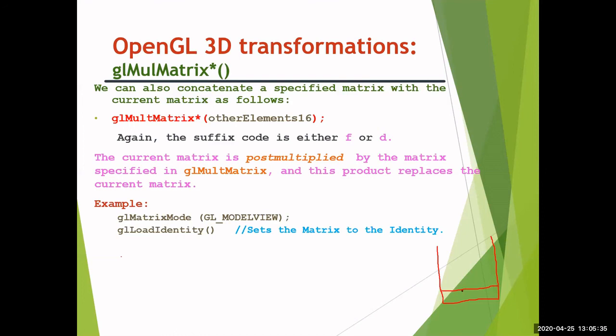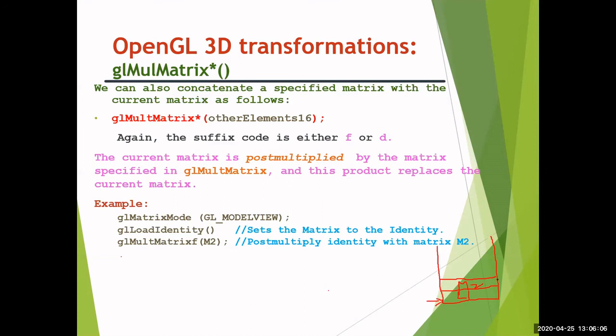What I have is load identity. When I have load identity down, what can be the next one? Mult matrix is nothing but M2. So M2 will come and sit here. That means I am telling it to please multiply this with my current matrix. The current matrix was load identity.